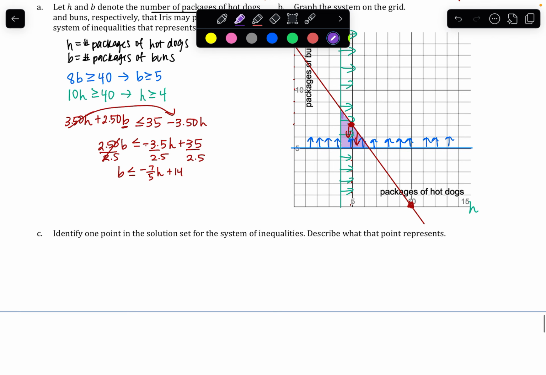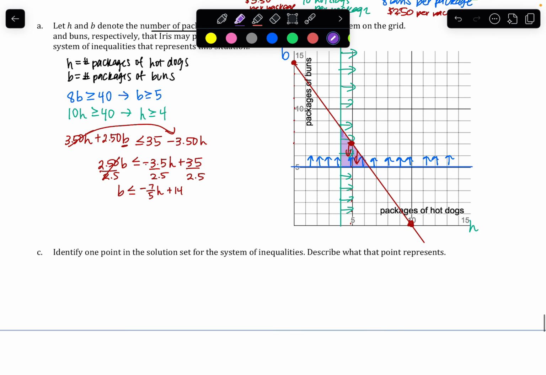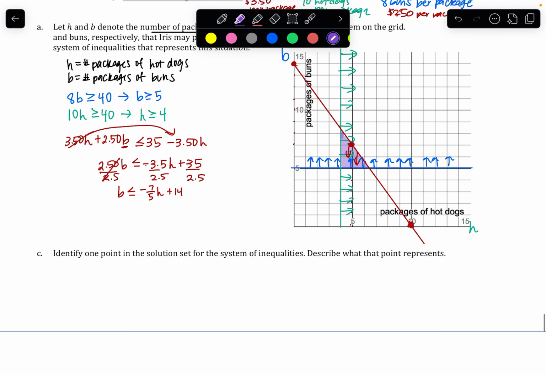Okay, so it says identify one point in the solution set for the system of inequalities. Describe what the point represents. So I'm going to pick the point right in the middle, which is 5, 6. So when H is 5, B is 6.